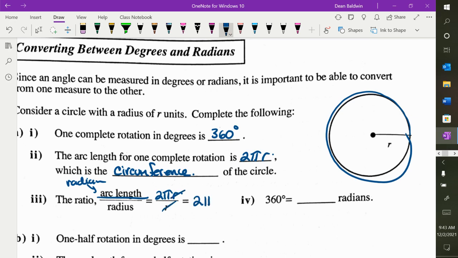And you're left with 2 pi. So let's think about this. The measure in rads is 2 pi, because that's the ratio of the arc length over the radius for one complete rotation. We know that one complete rotation is how many degrees? 360 degrees. Therefore, 360 degrees is equal to 2 pi rads. You can say radians, but usually people just say rads.